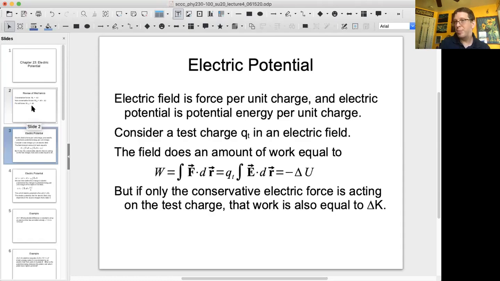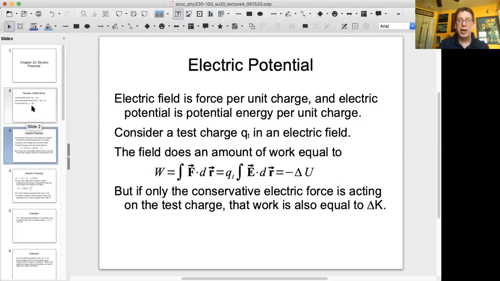And now we're going to apply that to electricity. Electric field is the force per unit charge, and electric potential, which we're going to define, is the potential energy per unit charge. So let's consider a test charge, QT, in an electric field.